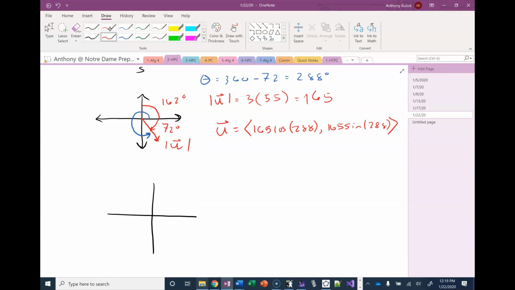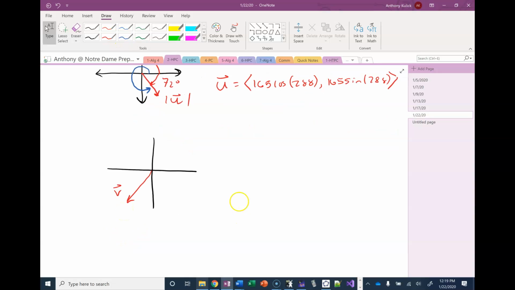So what this boat trip looks like is we do this. That's my vector v. Then I do something like this. That's my vector u. And what I'm looking for is this vector v plus u.